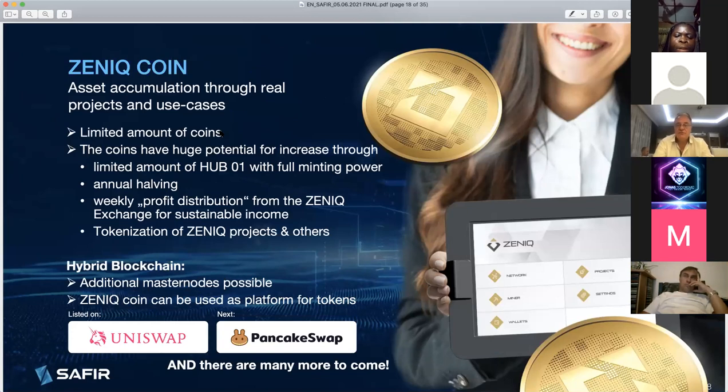So everyone who calculates the return on the so-called investment for a ZENIQ minting hub needs to calculate how many coins come out on a daily basis, take that and check the market value, and make the calculation. If it comes out to 50 coins per day times the market value. If it comes to 60 coins per day times the market value.